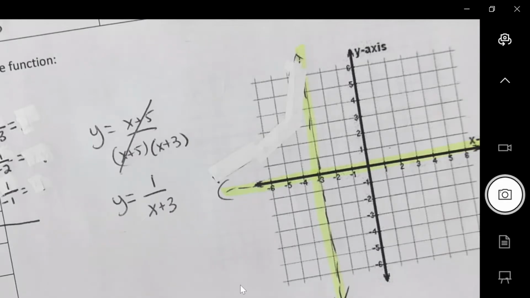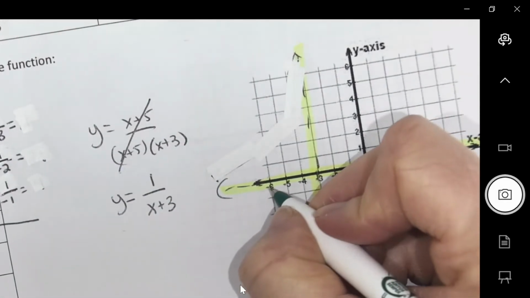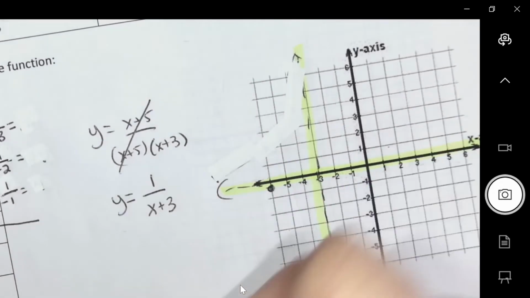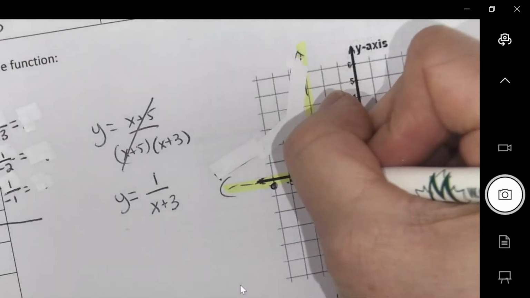Okay, well that's just -1/3. So that's not as fun to graph, but that would be the point. -5, -1/2.